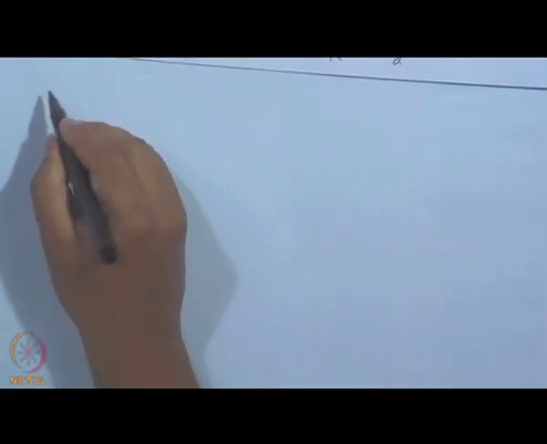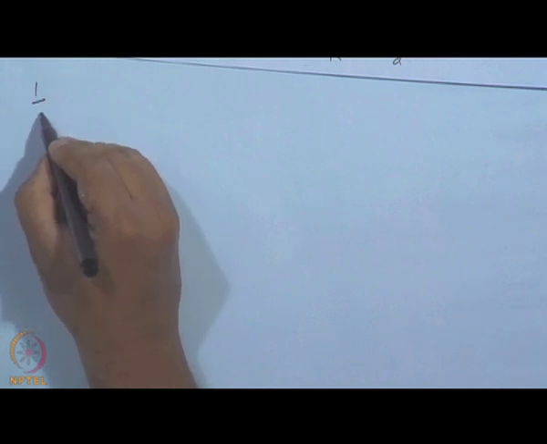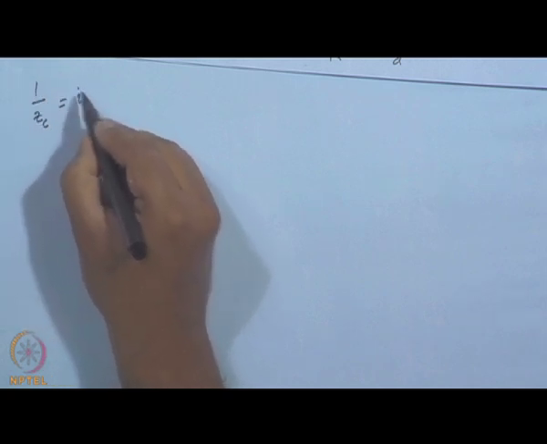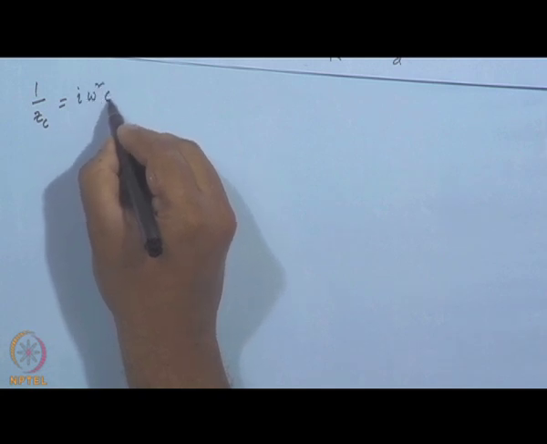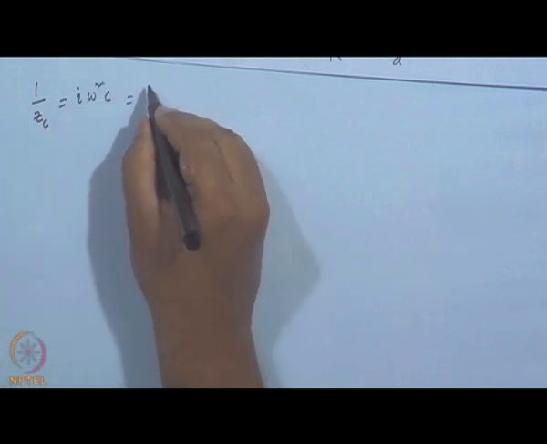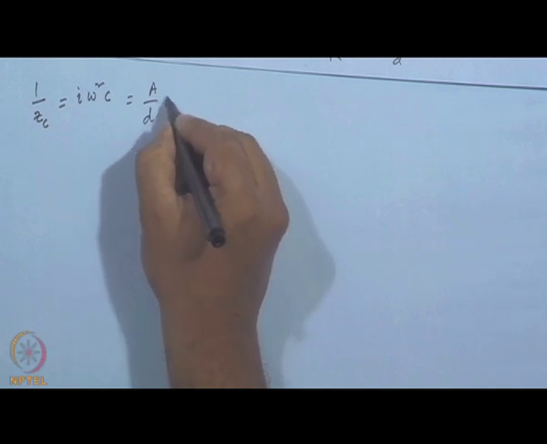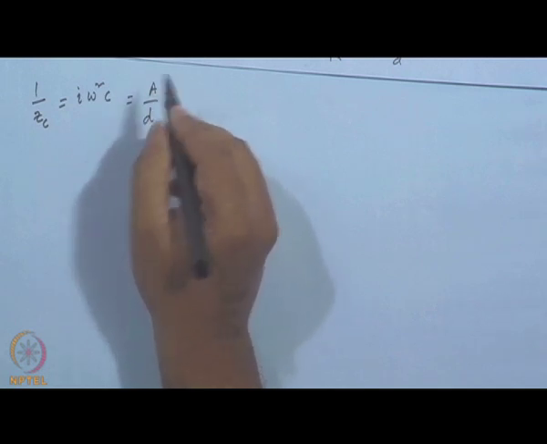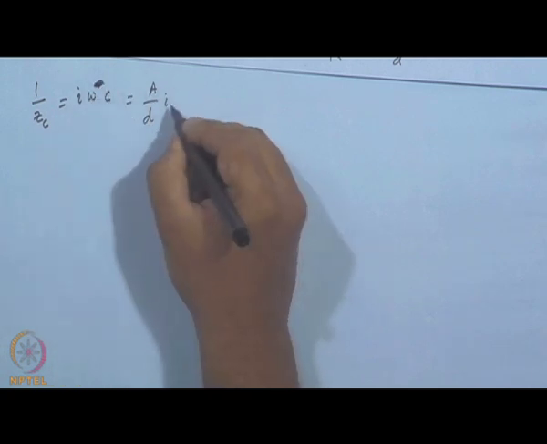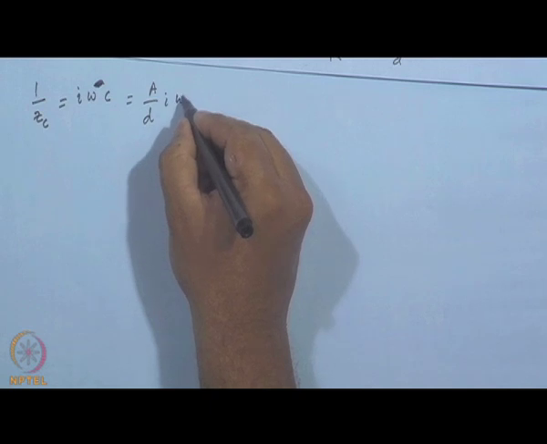Now, if one wants to define a real capacitor, then one has to write 1/Z_C = iωC, and that is equal to A/d iω ε̃.